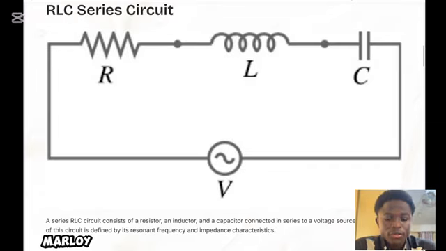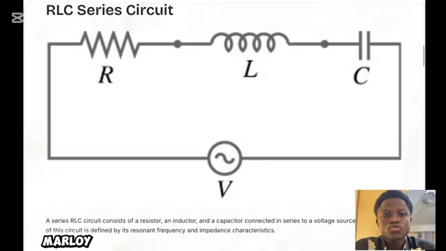Thank you, Solomon. I'm Mother Kelvin Malloy, and I'll be talking about the series RLC circuit. So what is the series RLC circuit? The series RLC circuit is a fundamental building block in electronics consisting of a resistor, a capacitor, and an inductor connected in series to a voltage source.